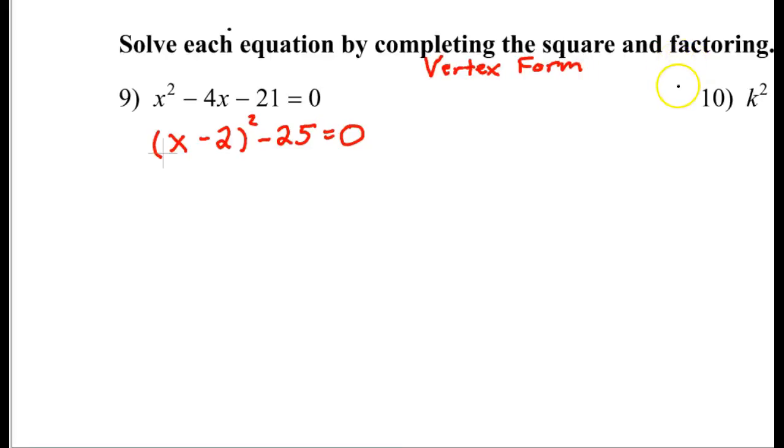Okay, but we're also going to do factoring. So we're going to figure out separately, like a separate problem altogether, what multiplies to 1 times negative 21 and adds to negative 4, and do all those steps as well. Okay, so we'll get 7 and 3.